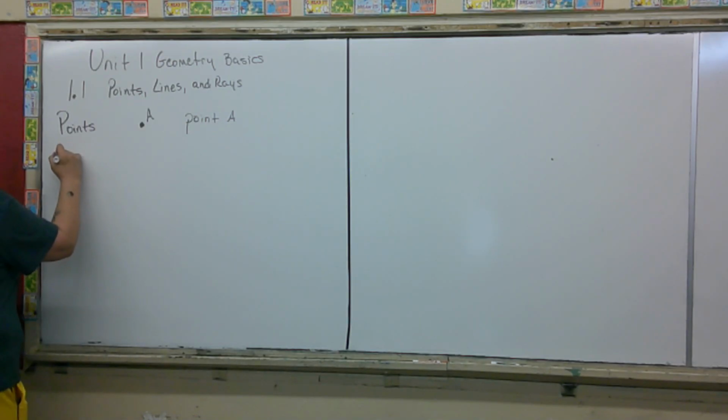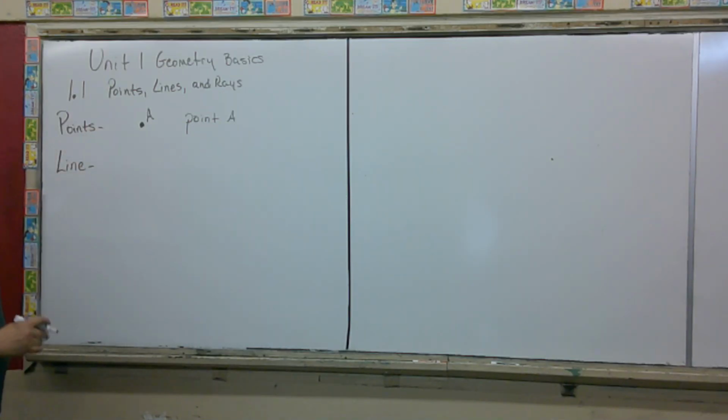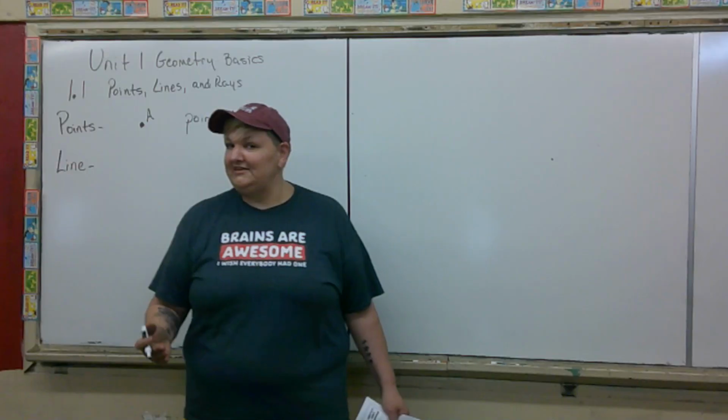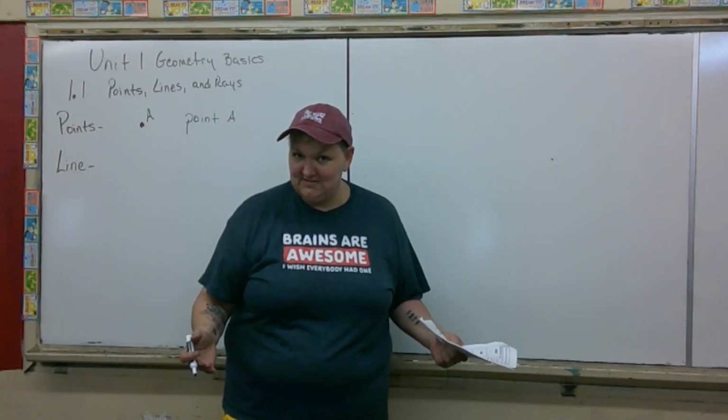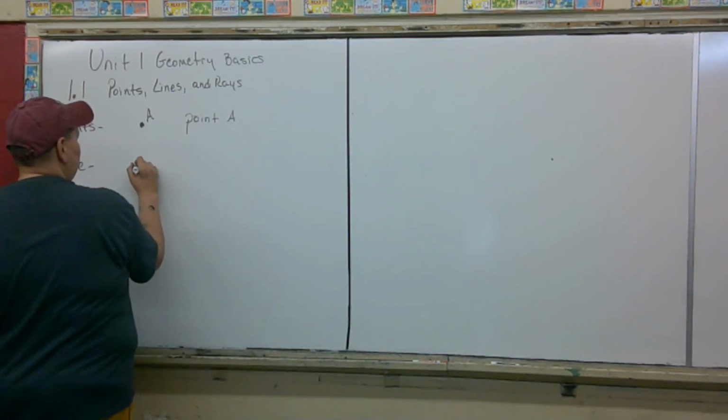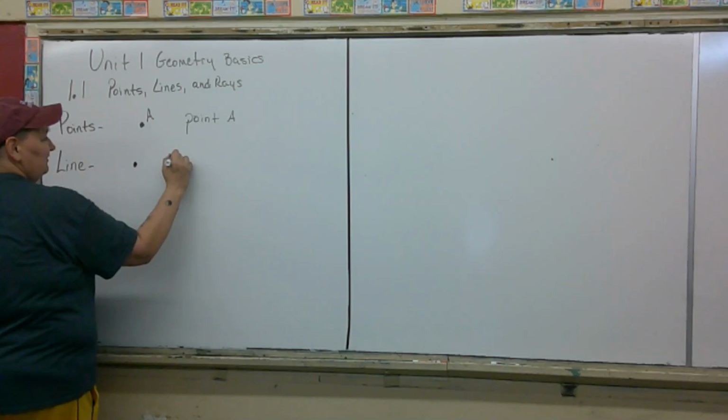The next one is a line. A line is any 2 points. Technically, a line is made up of millions of points, but you only need 2 to make a line. 2 points make a line.